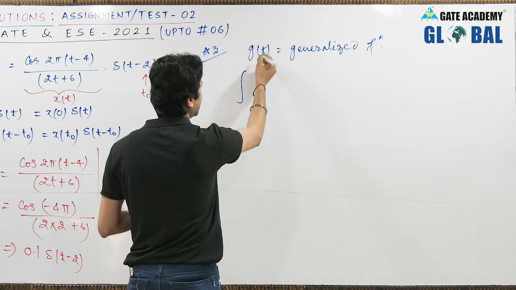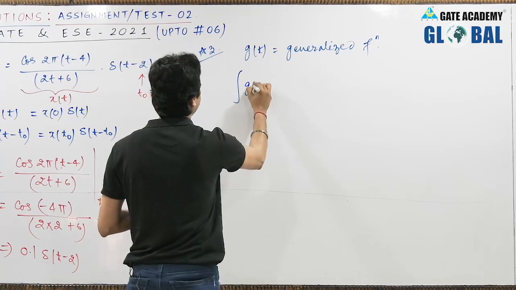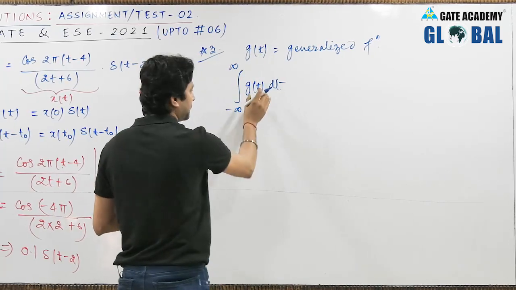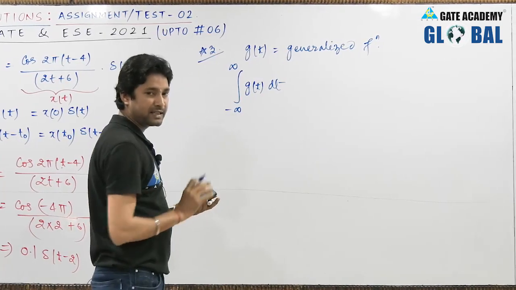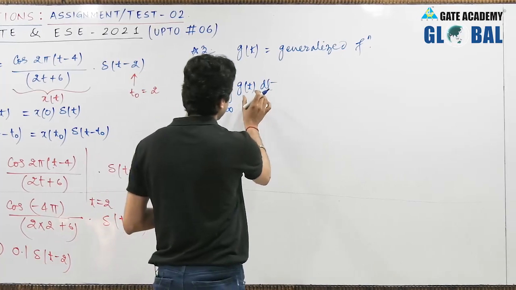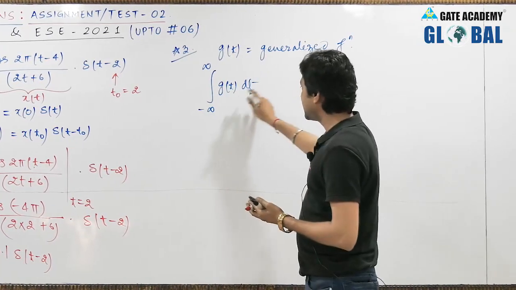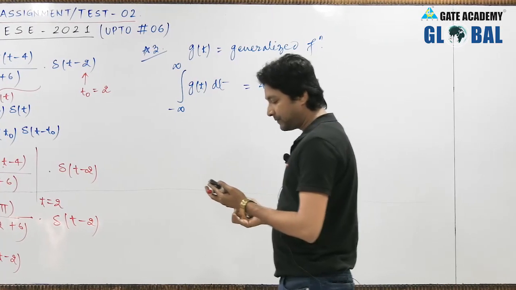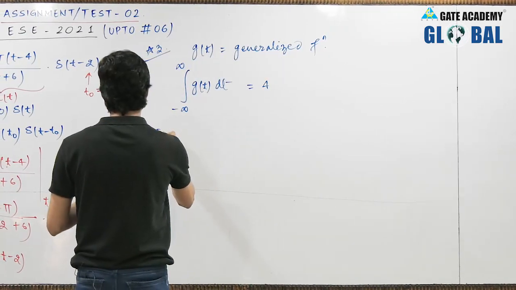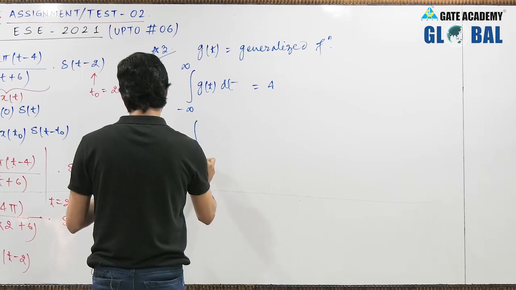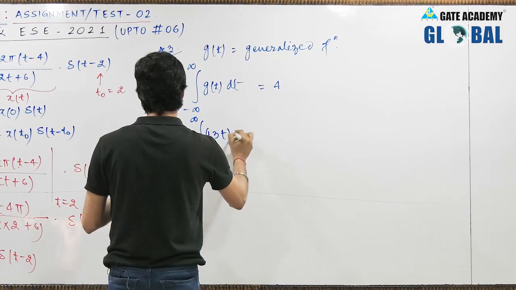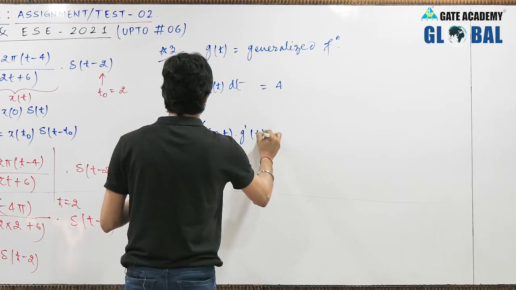If you have to find the area under g of t, then you must integrate this function g of t dt from minus infinity to plus infinity for the duration in which g of t is occurring. So, the area of g of t is given to you as 4 square units. Now you have to find the value of the integral I, that is the integration from minus infinity to infinity of 13t times g dash of t dt.